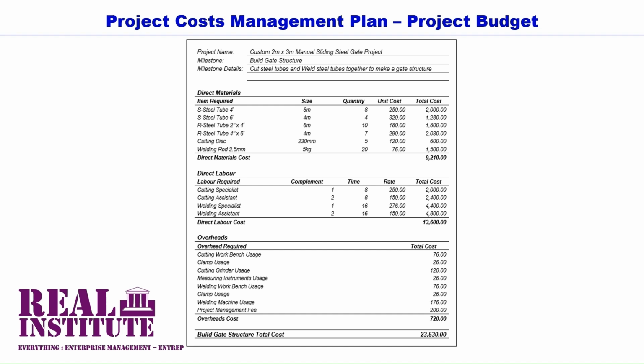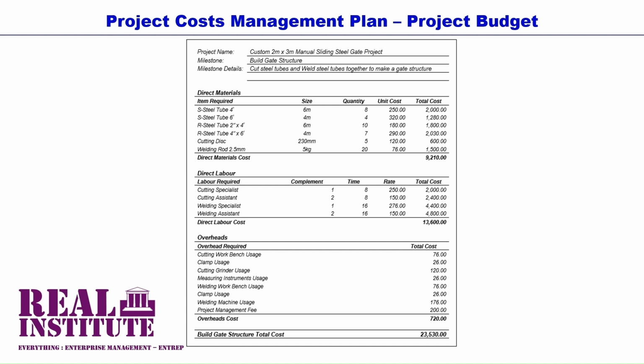A cost of 2,000 is for 8 4-inch square steel tubes of 6 meter length, where a single square tube costs 250, and therefore 8 tubes will cost 2,000. Then a cost of 1,280 is for 4 6-inch square steel tubes of 4 meter length, where 1 square tube costs 320, and therefore 4 tubes will cost 1,280.